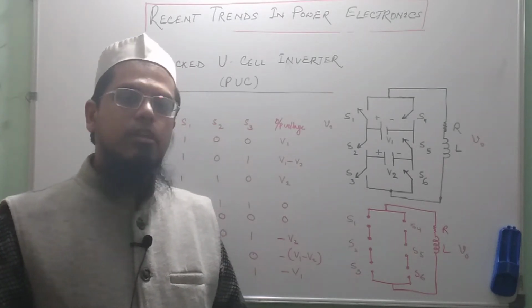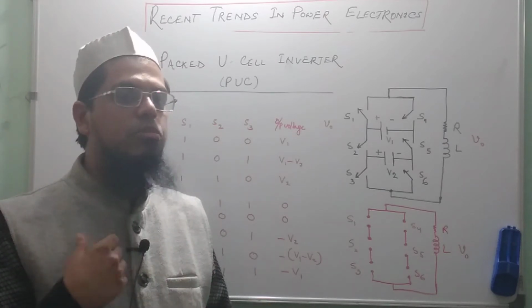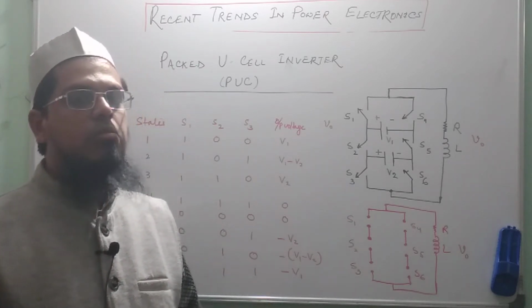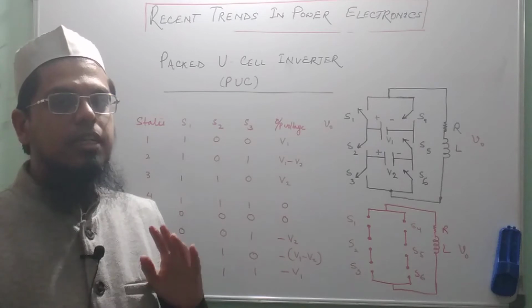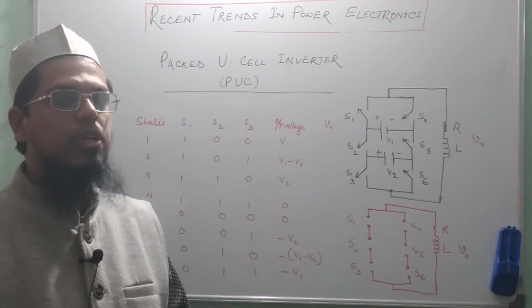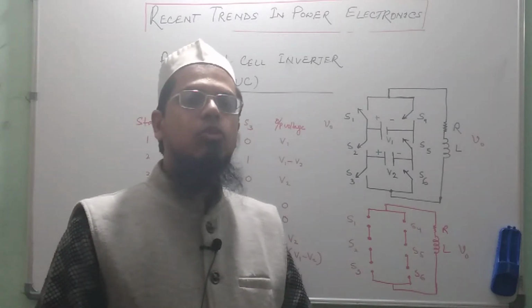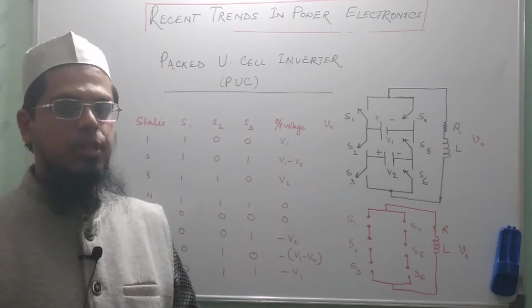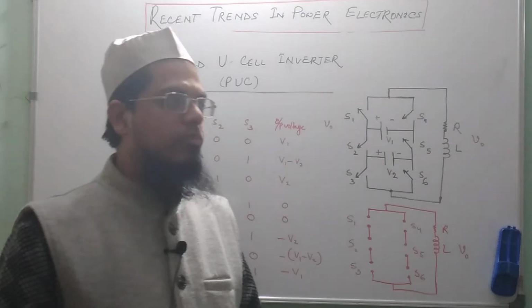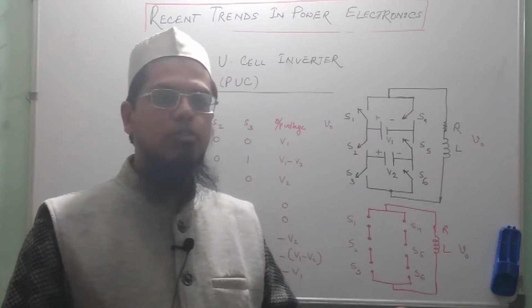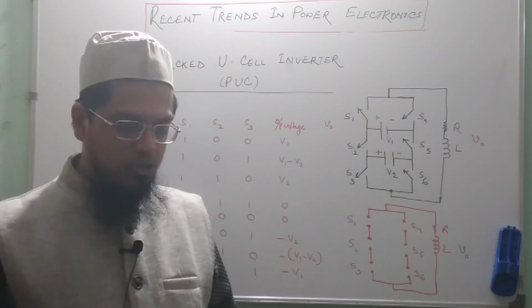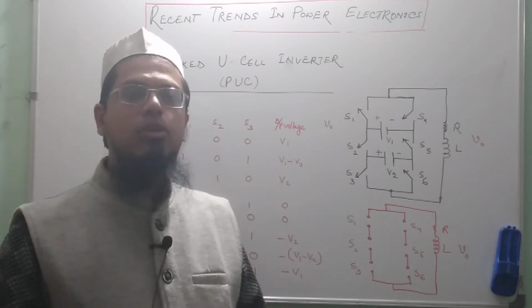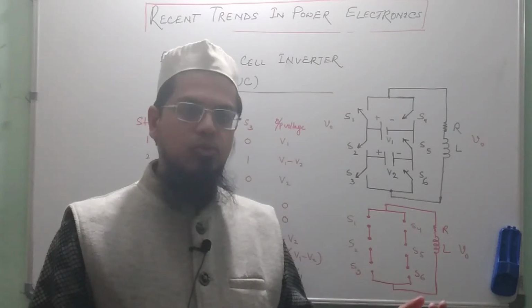So if n is large, then the number of switches becomes quite large. The second problem, specific to the cascaded H-bridge multi-level inverter, was the requirement of a large number of DC power supplies as the number of levels goes up, equal to (n minus 1) by 2.